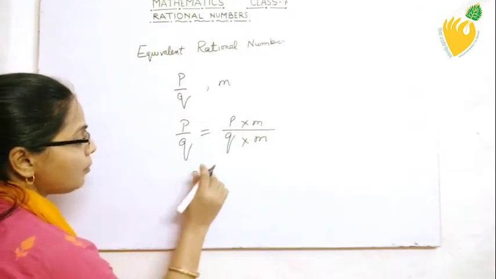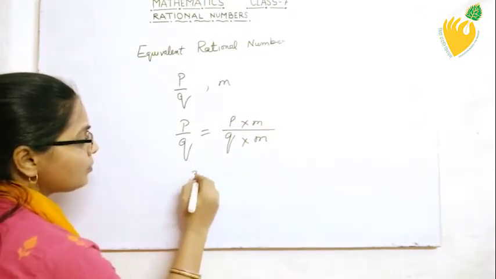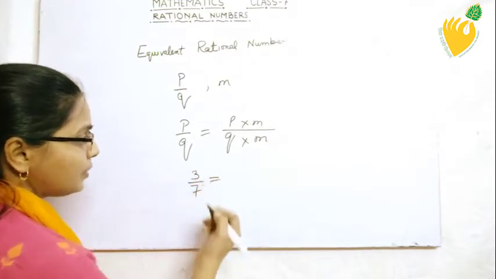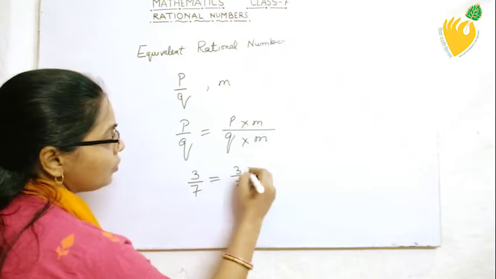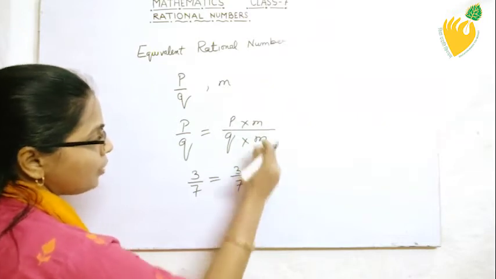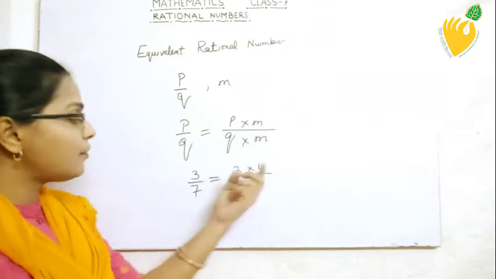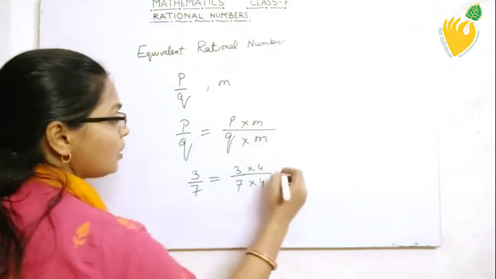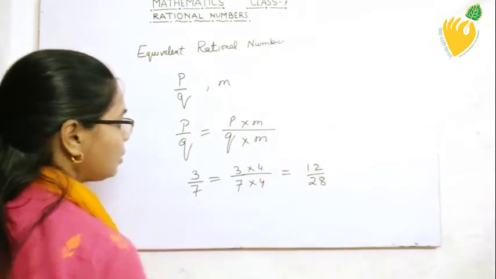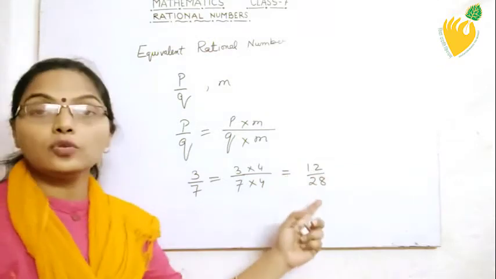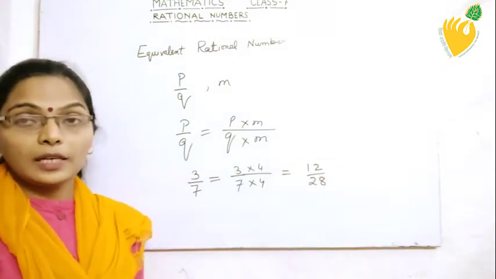If 3 upon 7 is a rational number and 3 upon 7 into 4 upon 4, what is m here? A non-zero integer, I have taken 4. So it is equal to 12 upon 28. So 3 upon 7 is equivalent to 12 upon 28.